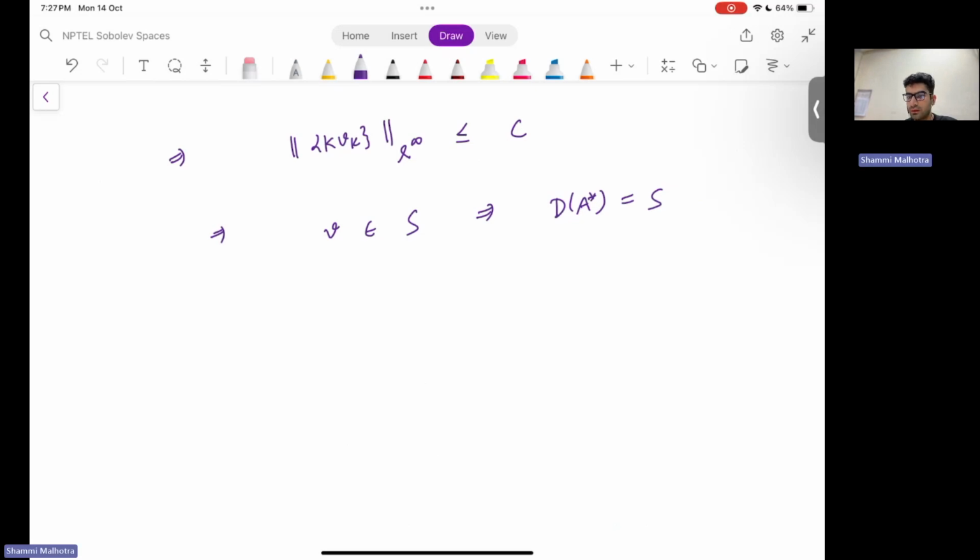Moreover, with the duality product notion, we can also prove that A star of v is nothing but N of v, and by the duality product, which is the definition of A star, we have this equality.